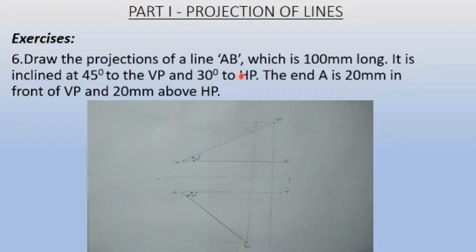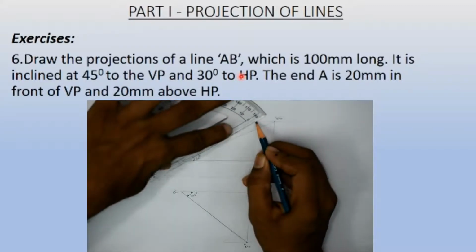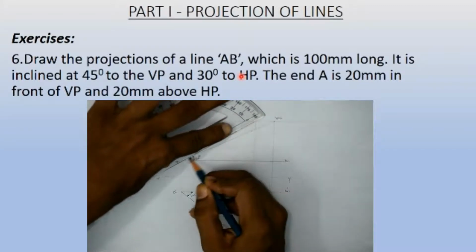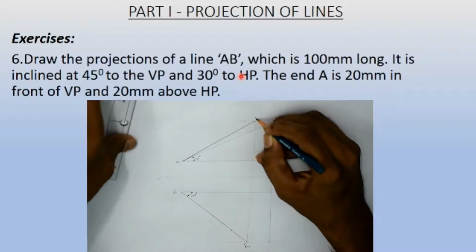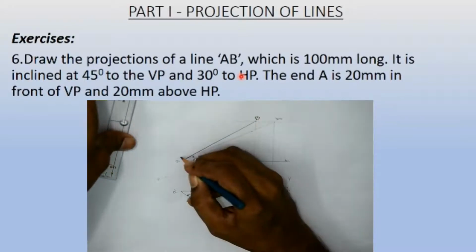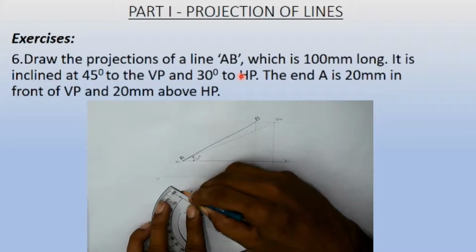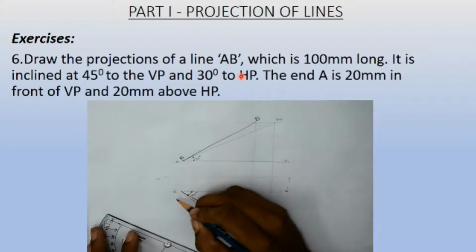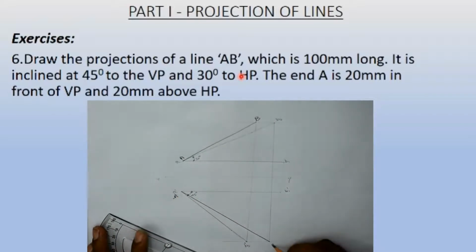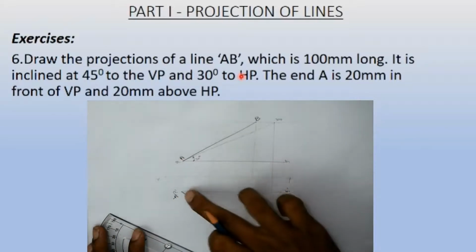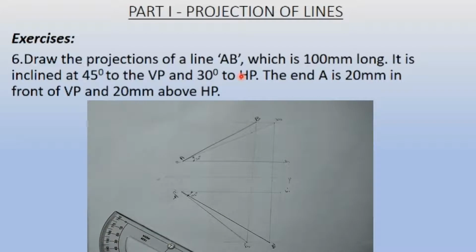So now this will be your final answer. Say this end as B and this end as A, and after joining this point, this end as A dash and this end as B dash. This is our actual final answer.